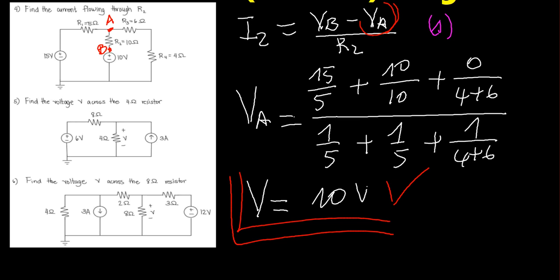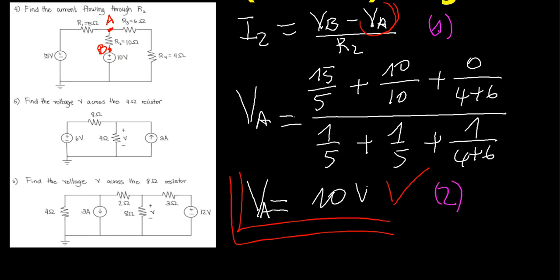Okay, let us now take this equation, VA equal to 10 volt, and substitute in equation 1 that we performed before. Let's call that equation 2.